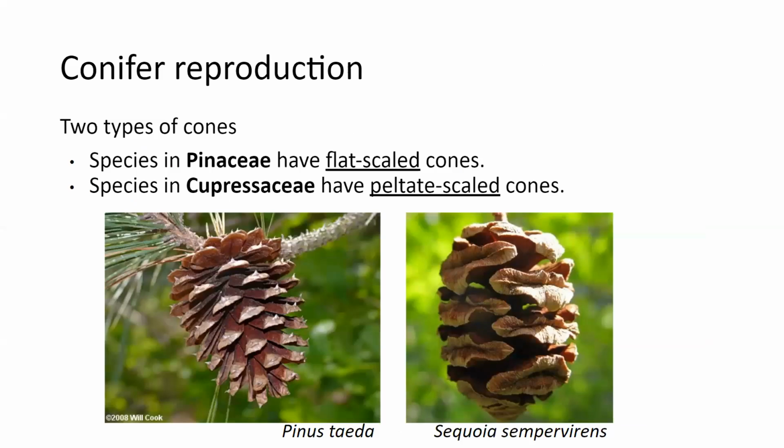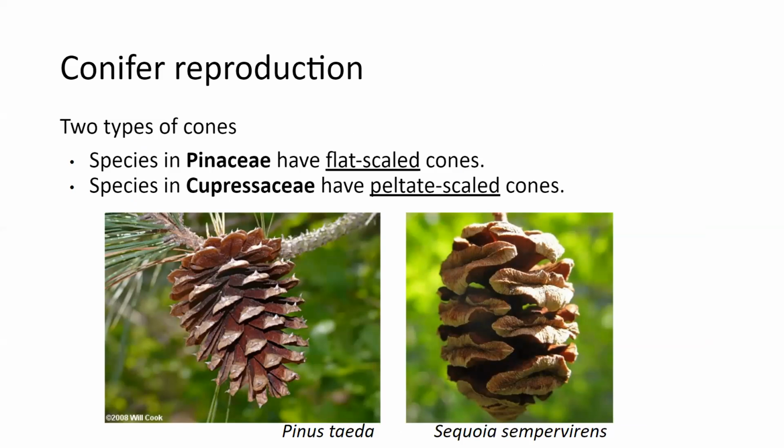So let's look at these in a little bit more detail. When we talk about Pinaceae with these flat-scaled cones, you're probably very familiar with pine cones and wondered why we're learning about cone scales being flat. But basically, it's an important differentiation between that and peltate-scaled cones, like you can see in this Sequoia sempervirens on the right.